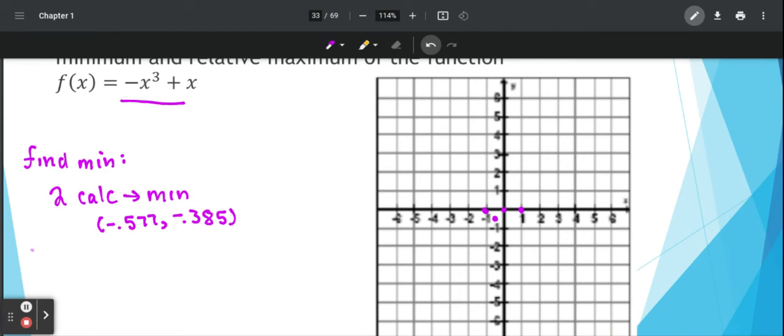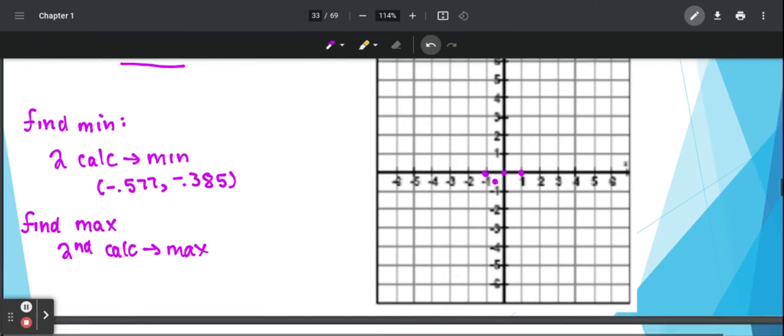And then to find the max, which is going to be between 0 and 1, you're going to go to second calc and max. Again, you're going to put your cursor to the left of the maximum and then to the right of the maximum and hit enter when it says guess.